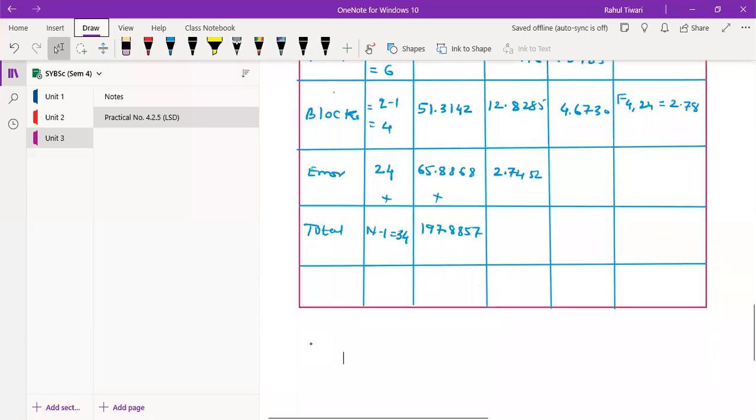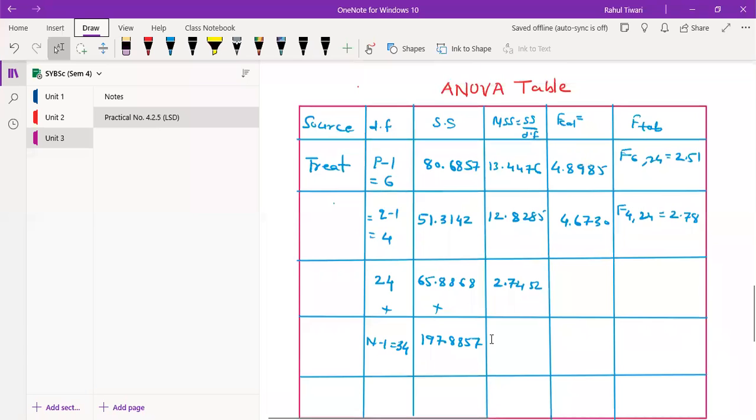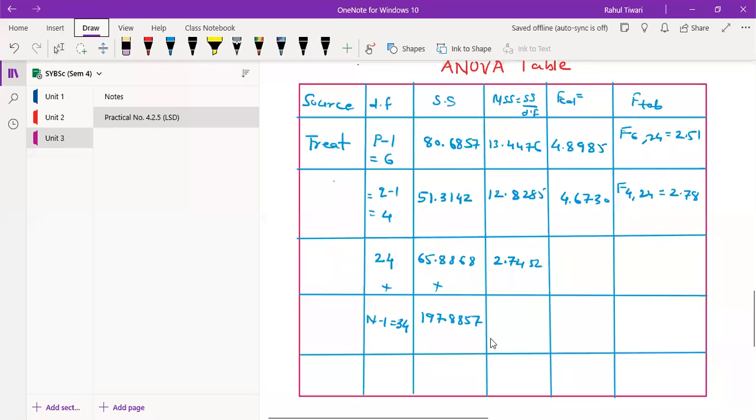So I will just modify this first. Total will go down, error will go down, block will go down, meaning block will not be there. And we have P minus 1, Q minus 1, everything will be there. So here we have M minus 1, so 4 will come. That will remain as it is. Similarly, N you can do.